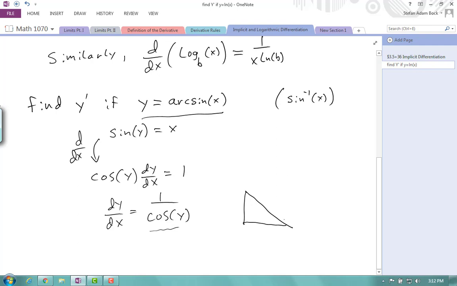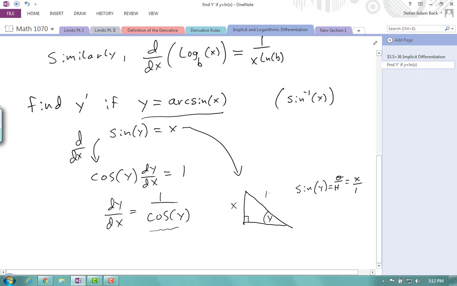And the answer to that is, we're going to draw a triangle. Now, this sine of y equal to x means I have an angle which is y, and sine of y is equal to the opposite over the hypotenuse, which is equal to x divided by 1. So the opposite is x, the hypotenuse is 1.